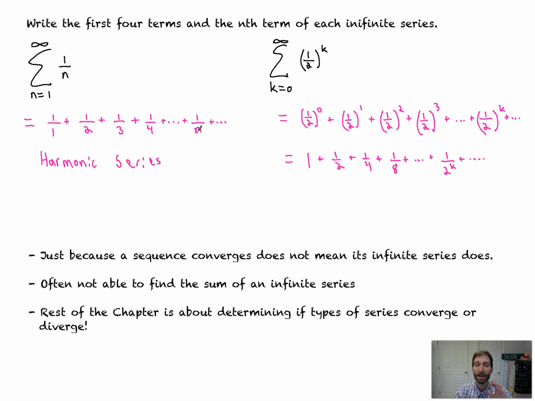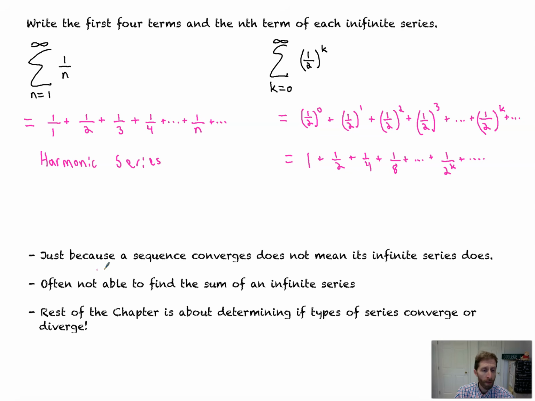This converges. Even though that's the truth, the series we're going to find out down the road does not converge. The sum of all these terms will not go to a finite value. And the sum of these terms, well, it actually does end up going to a finite value. And we're going to see how to show that again in later lessons. But for now, I want you to know that just because the sequence converges does not necessarily mean that the sum of the infinitely many terms does converge.